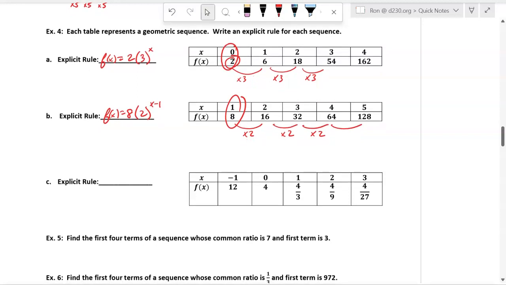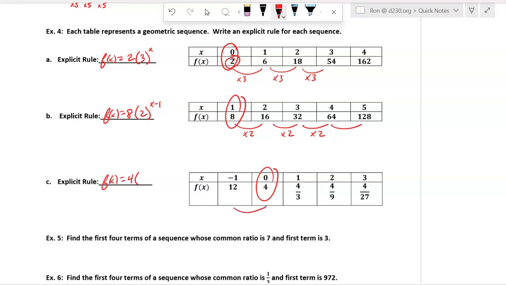Now, in the next example in the table, if I'm given the 0 term, that's the one I want to use. So here, my 0 term is 4. So my function rule or explicit rule is going to be the initial amount or first term or 0 term. What is my common ratio here?